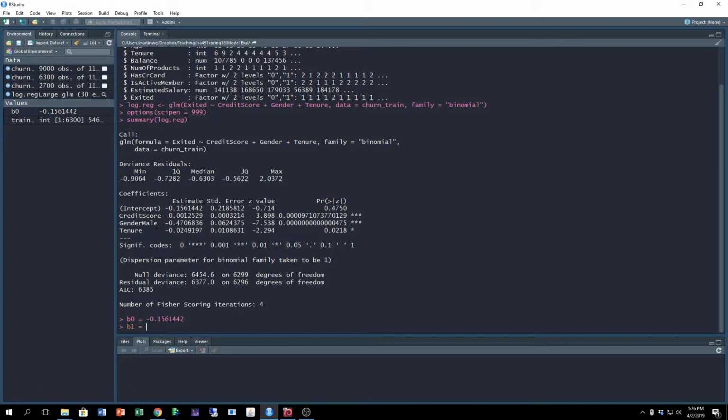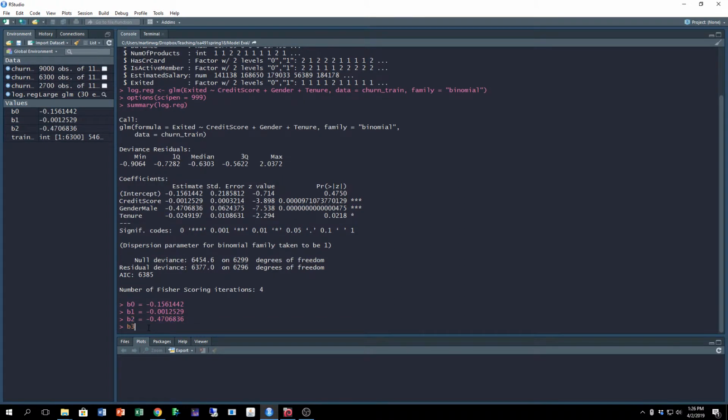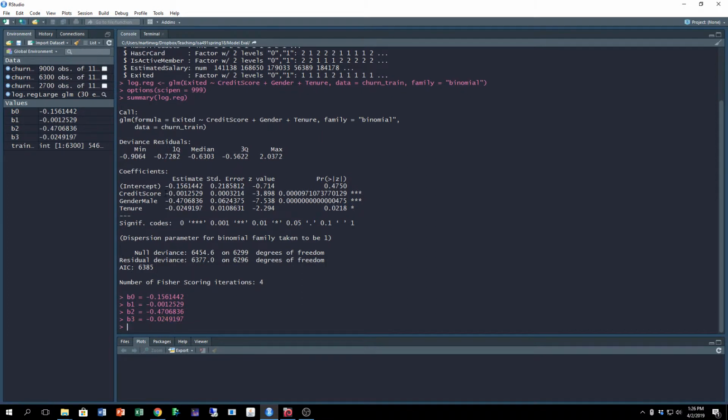B1 is our slope for variable 1. B2 is our slope for gender, the male. And we have B3, the slope for tenure. All of these slopes being negative, that means that as the credit score increases, that decreases the log odds of churning, of dropping, of stopping being a customer from the bank by 0.001 on average.